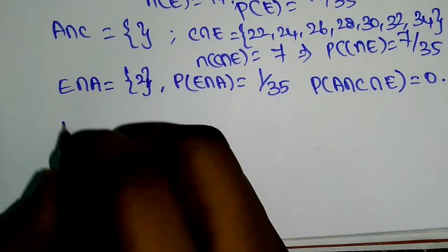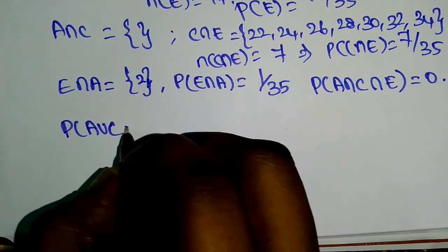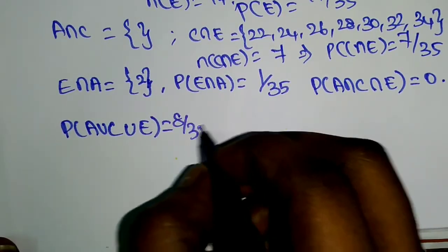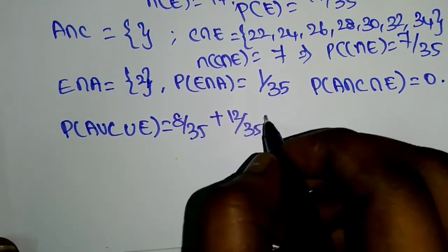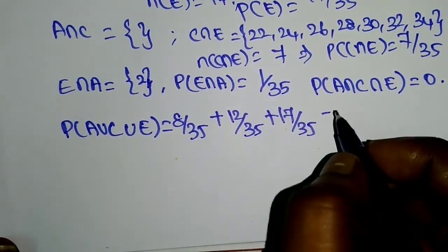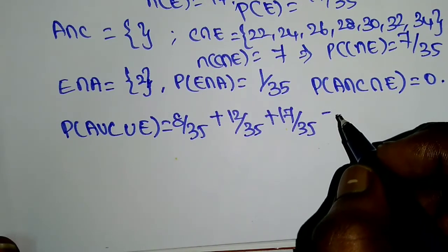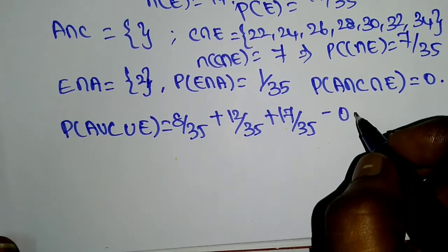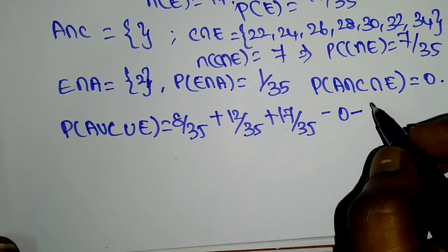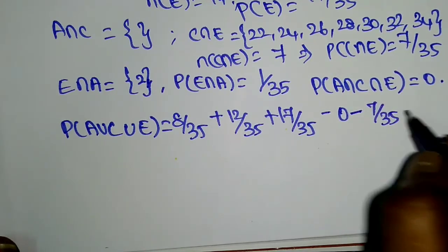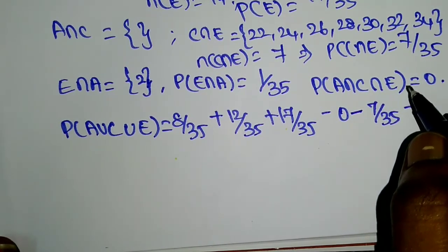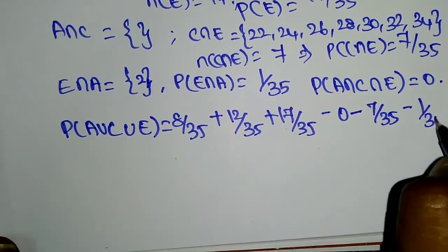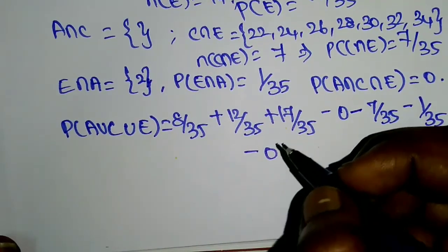Now P of A union C union E is equal to P of A, which is 8 by 35, plus 12 by 35 plus 17 by 35, minus P of A intersection C, which is 0, minus P of C intersection E, which is 7 by 35, minus P of E intersection A, which is 1 by 35, minus 0.